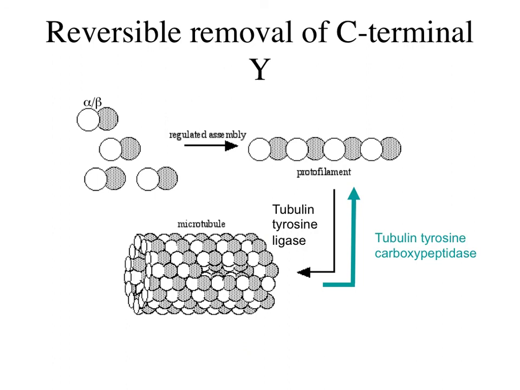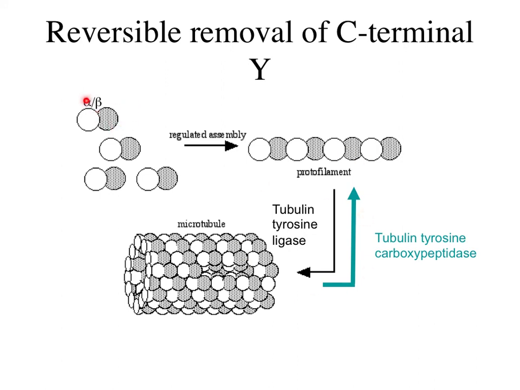The C-terminus of alpha chain tubulin is subject to reversible incorporation of tyrosine by tubulin tyrosine ligase, and the removal by tubulin carboxypeptidase. So microtubules rich in either tyrosinated or detyrosinated tubulin can coexist in the cell. This process is ATP dependent.